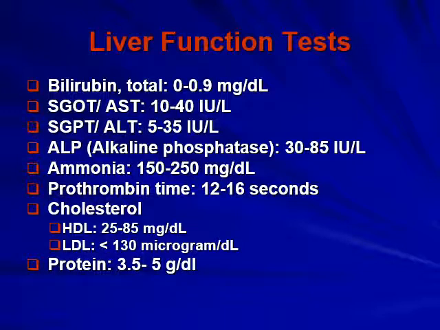The ALP, the alkaline phosphatase, this is also found primarily in liver, gallbladder, intestine, and bone. So it's not specific just for liver, but it does help diagnose hepatic and bone disease, both.